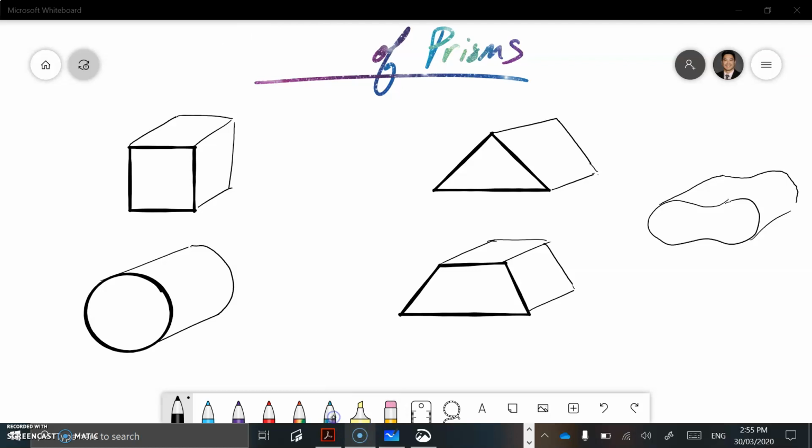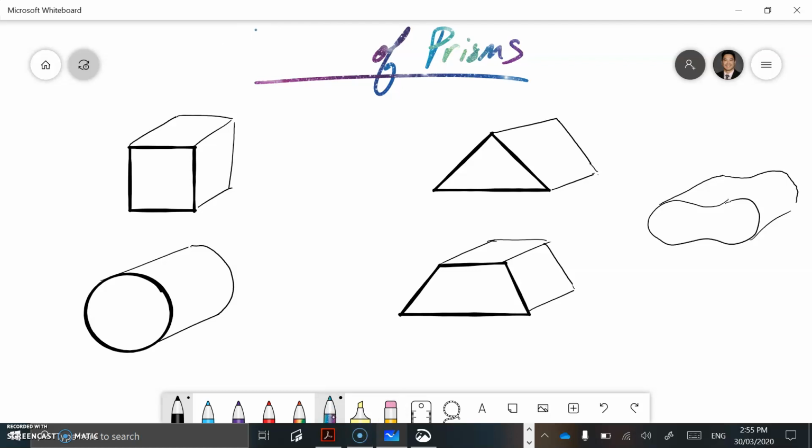So let's change that. So, volume of prisms. We've got here, I guess we can call that a cube or a square. It doesn't really matter.